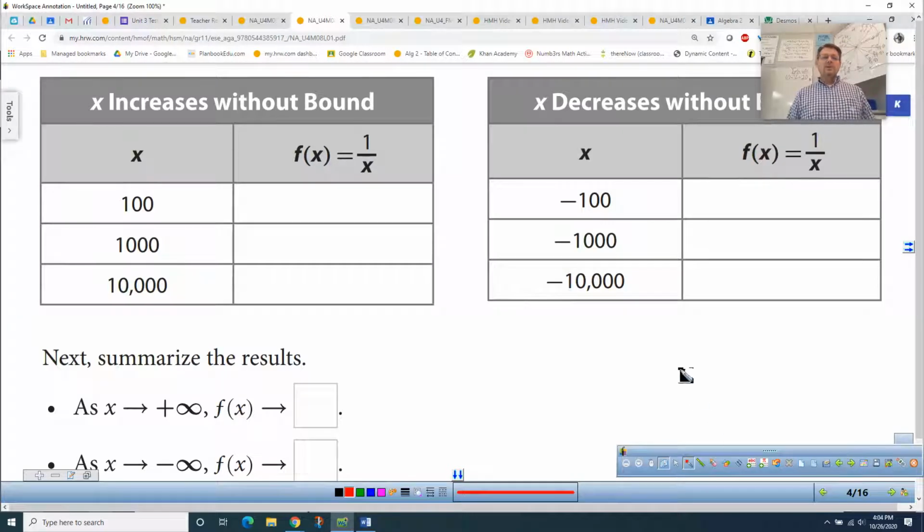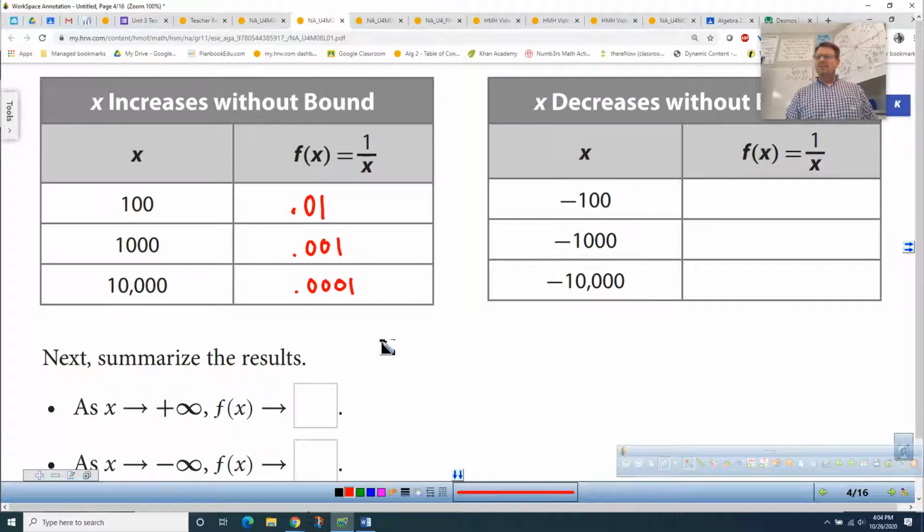Well, first of all, let's look at this idea here. Let's try some numbers, and maybe you can get a feel for what's happening. So what would happen if I did 1 over x? Well, if I put 100 in there, that would give me 0.01. What if I put 1,000 in the denominator? 0.001. Okay, what if I put 10,000? 0.0001.